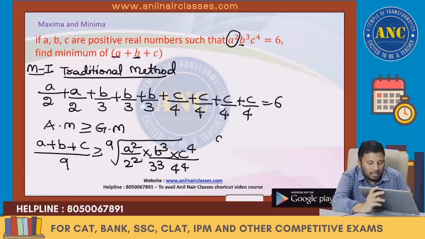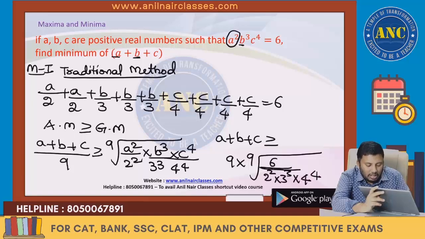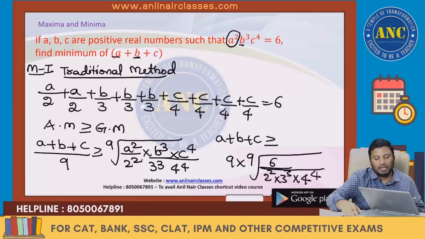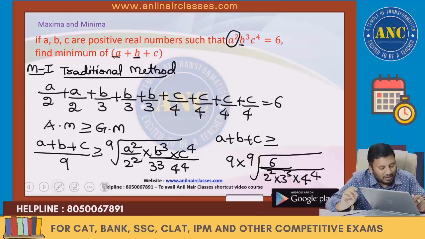So A plus B plus C is greater than or equivalent to 9 into 9th root of 6 divided by 2 square, 3 cube and 4 power 4. This is method number 1.